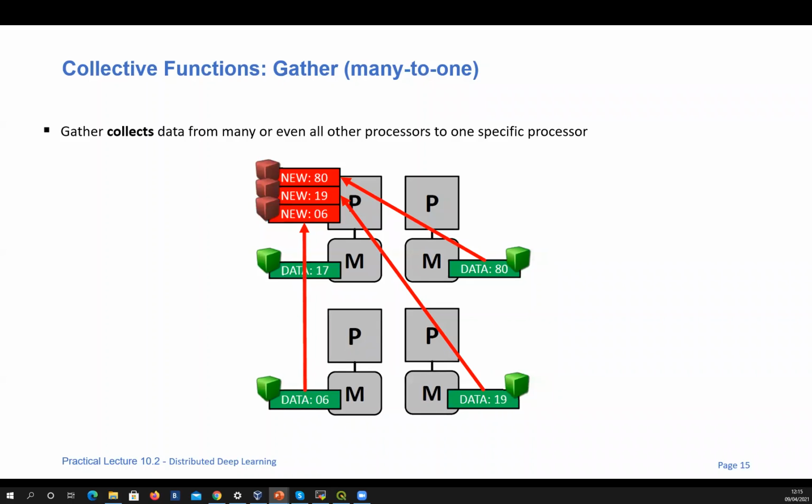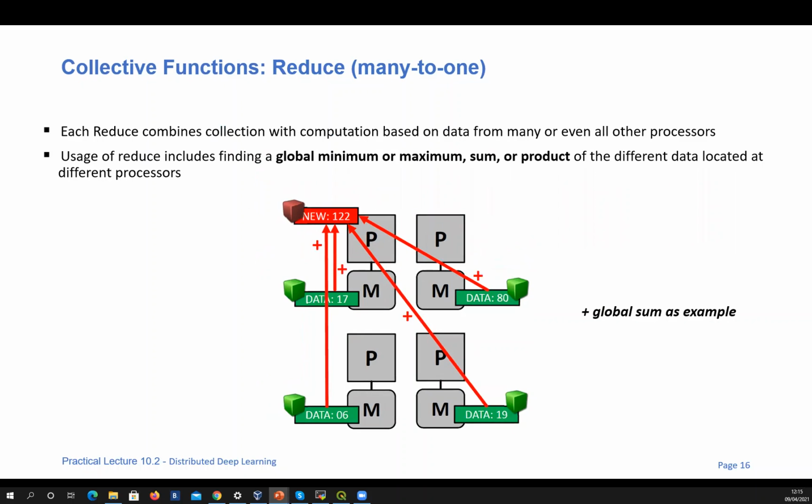Then there is the contrary operation of collecting on one node the data from other processes. And there is also the operation called reduction, which computes something with the data that you collect.